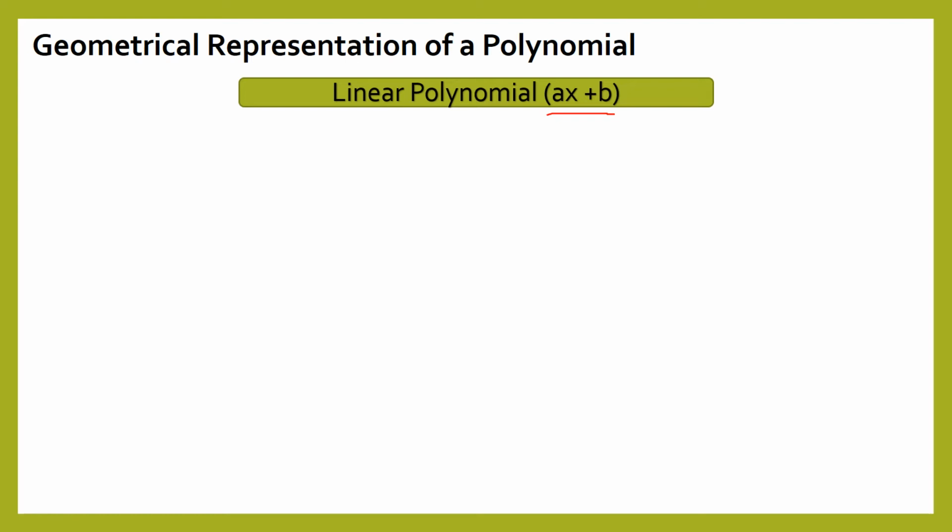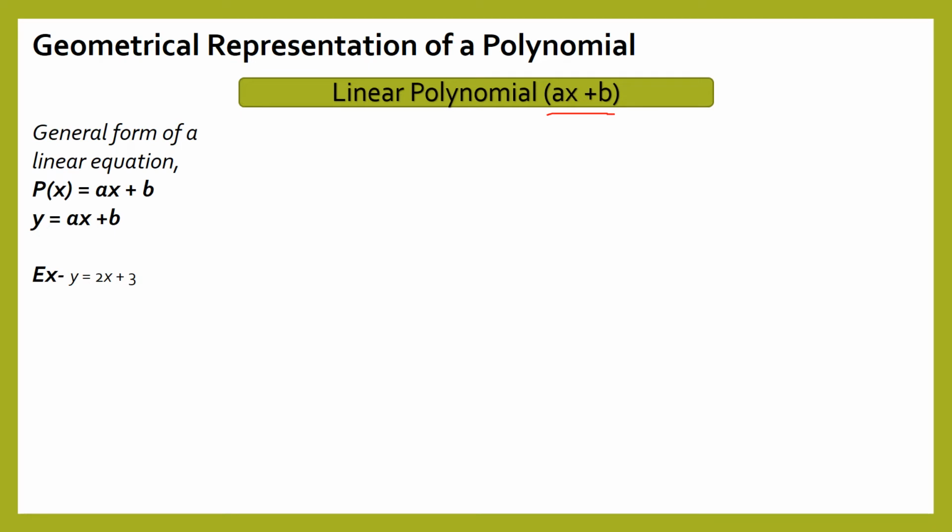First of all, we will convert this expression into an equation. So, we will write y equal to ax plus b as a linear equation, where y is nothing but p of x. We can take an example of the linear equation y equal to 2x plus 3.